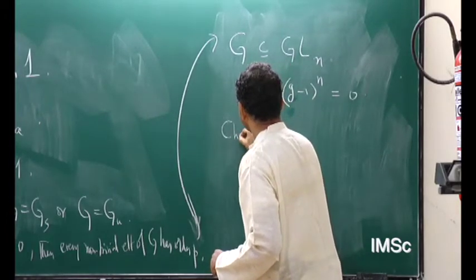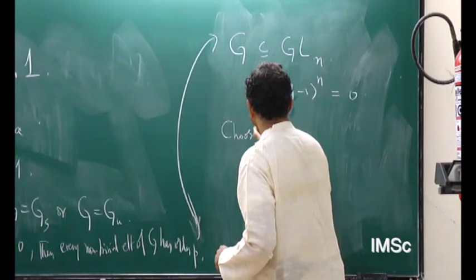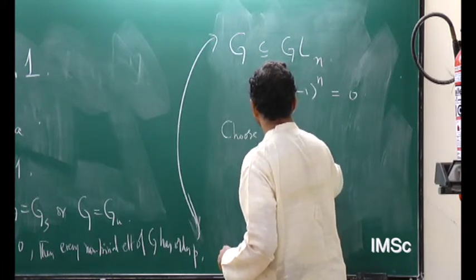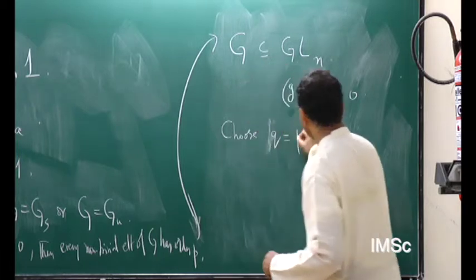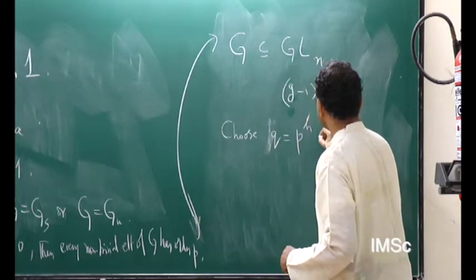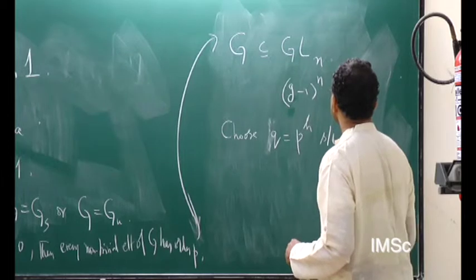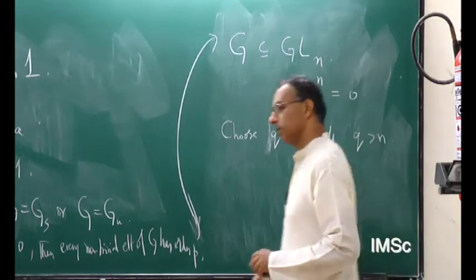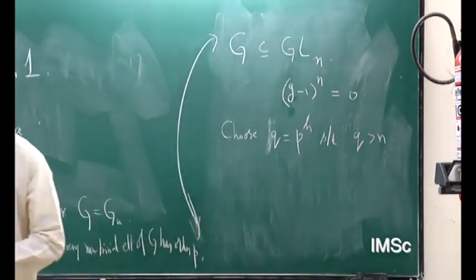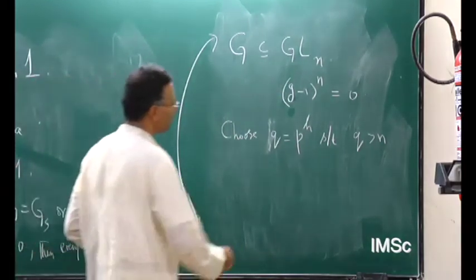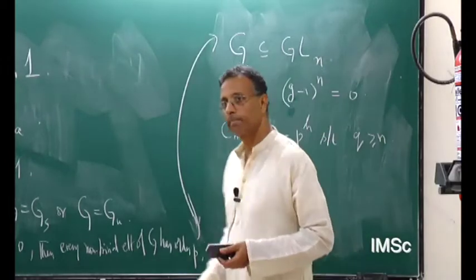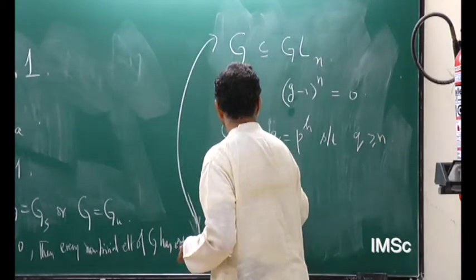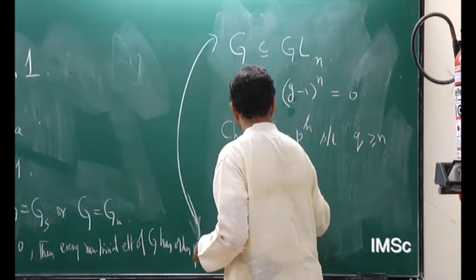Okay. Now choose p some power. So q is equal to p to the h such that q is bigger than or equal to n. Then what do you get? (G minus 1) to the q equals 0.